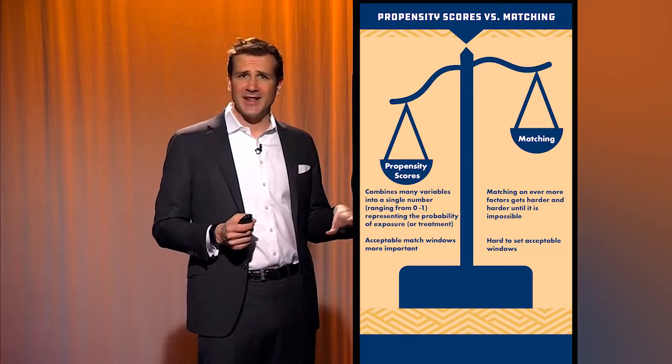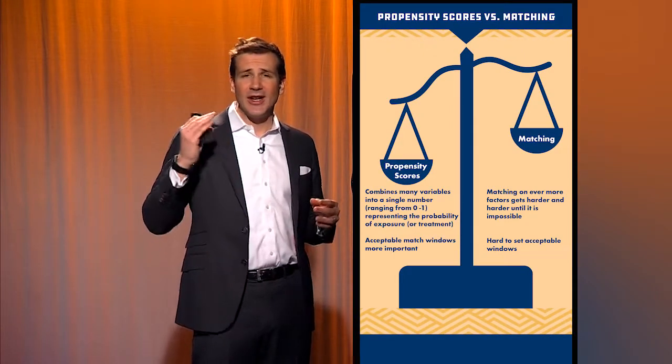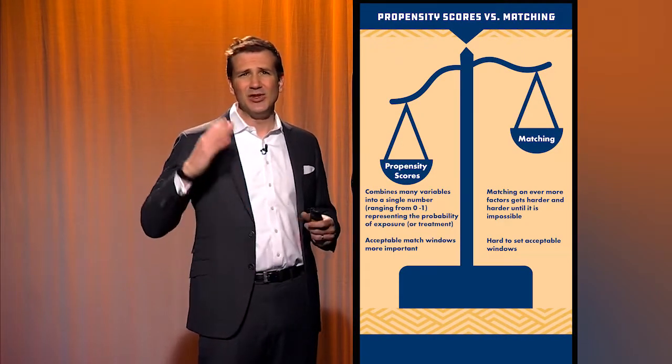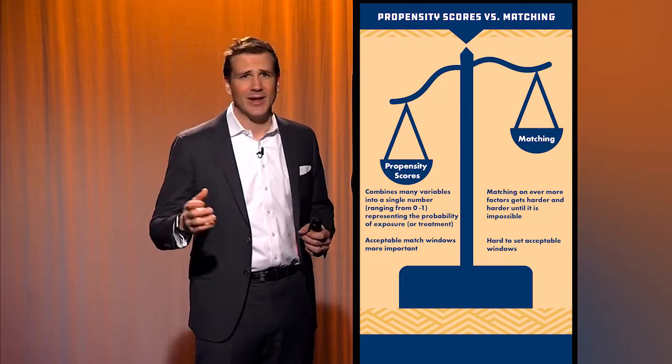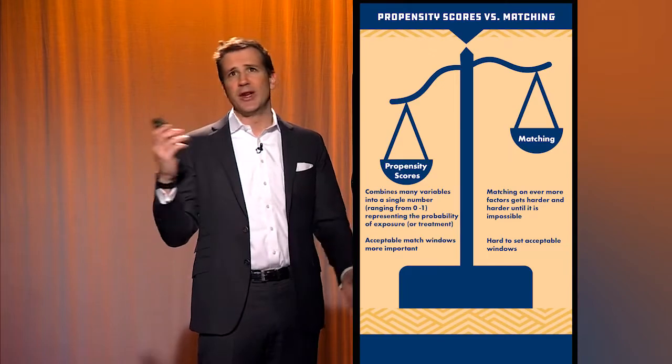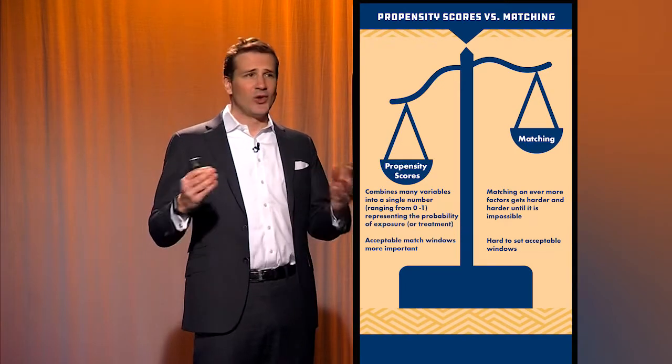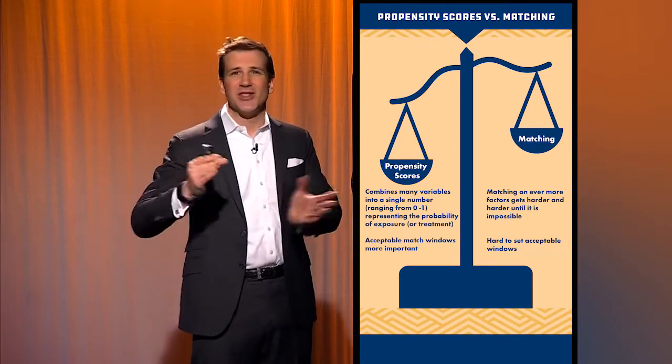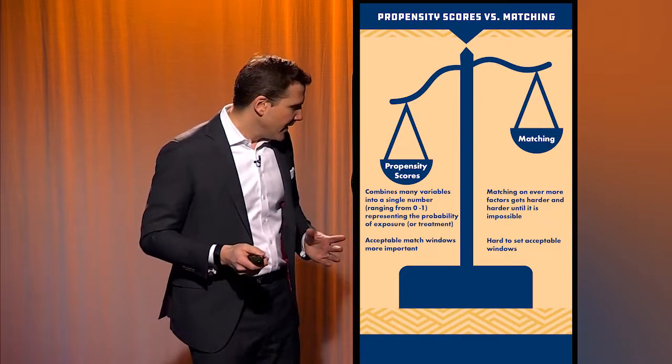It's very hard to set acceptable windows when you're trying to match on individual factors, right? Because you have to do a window for each factor, right? Like age within 10 years, height within 4 inches, cholesterol level within 30 points. You're deciding on all of these types of things.